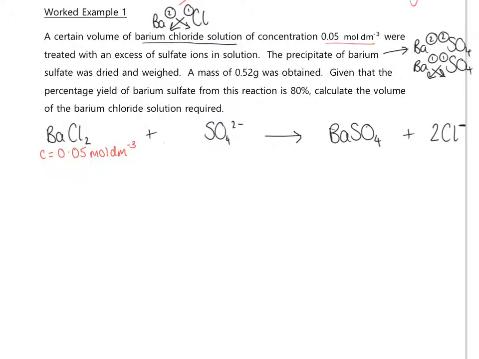The precipitate of barium sulfate was dried and weighed. A mass of 0.52 was obtained. That is your actual yield. So we'll do that in green. Actual yield is 0.52 grams. The percentage yield is 80%.